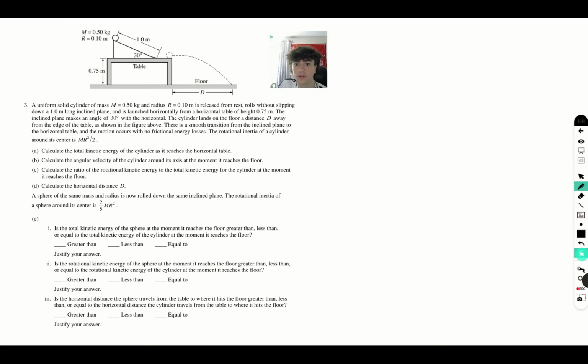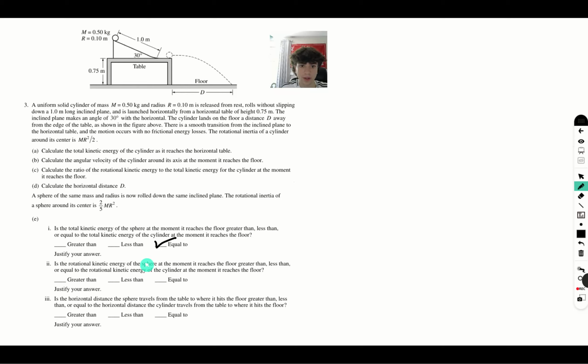And as long as all three of those factors are equal, which they are, the total energy will also be the same. So the answer is equal to. Next, is the rotational kinetic energy of the sphere at the moment it reaches the floor greater than, less than, or equal to the rotational kinetic energy of the cylinder?